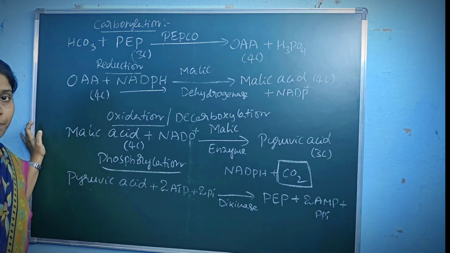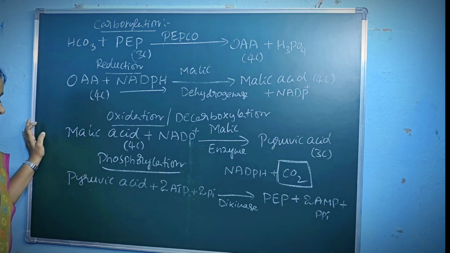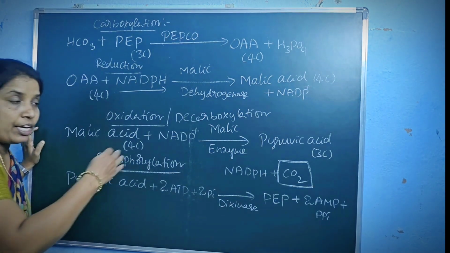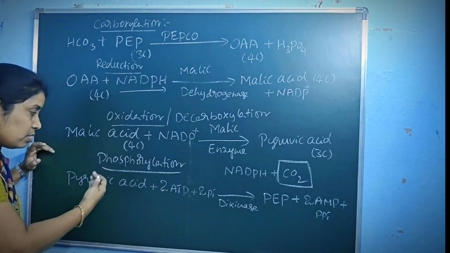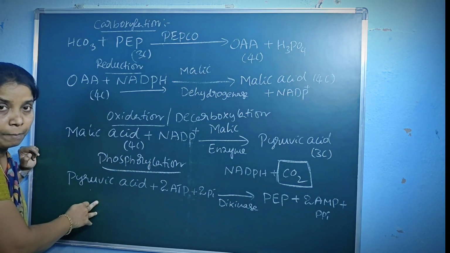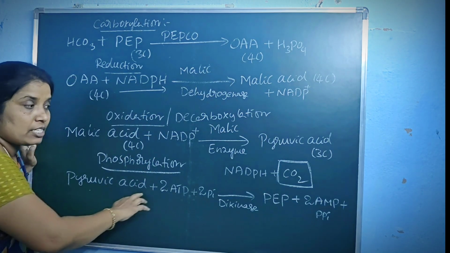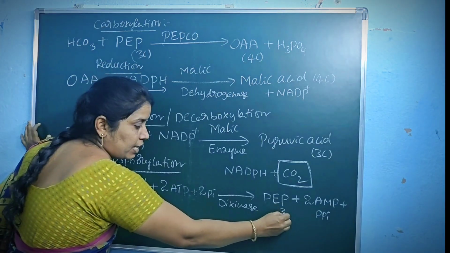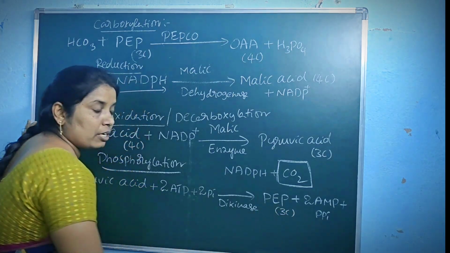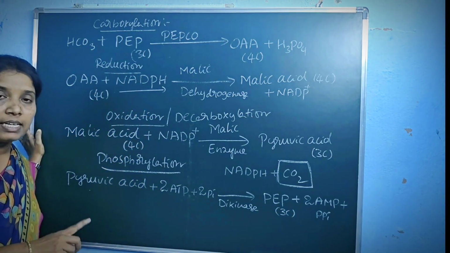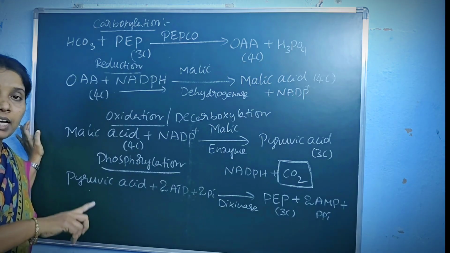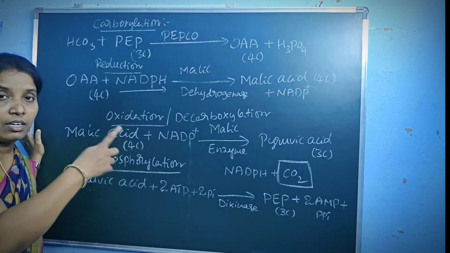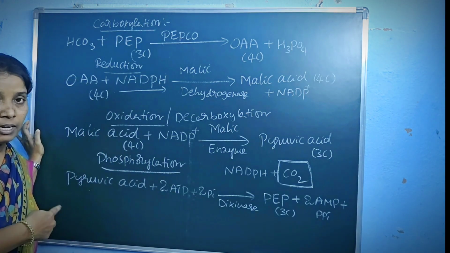malic enzyme. Okay, so in the fourth step, the pyruvic acid undergoes a phosphorylation reaction. There it regenerates into phosphoenol pyruvic acid, which is a 3-carbon compound. It should be regenerated in this cycle for the continuous processing of the CAM cycle.